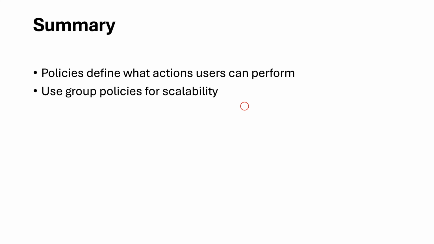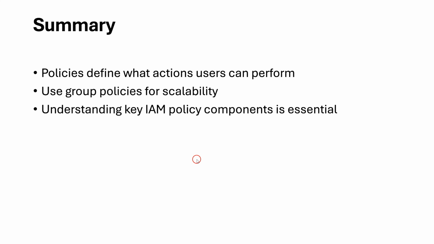If you create a developers group and assign that policy to that group, then all the developers attached to that group will inherit that policy. So that will scale, right? Even if a new developer comes, you can easily add the developer to the group. So this increases the scalability.